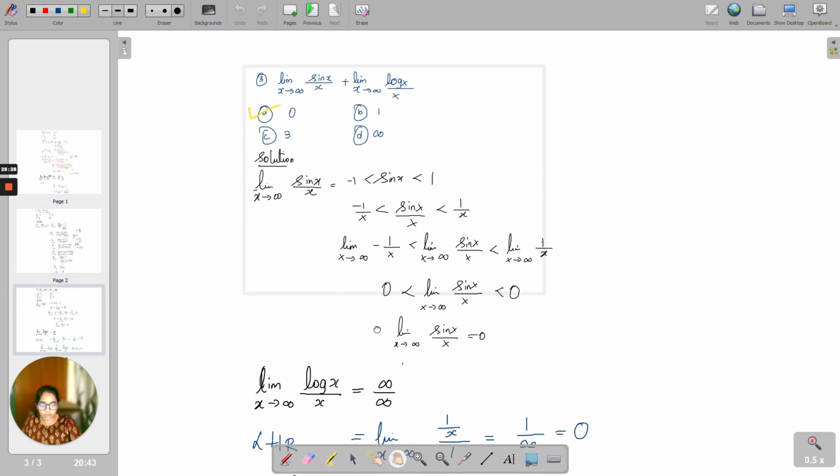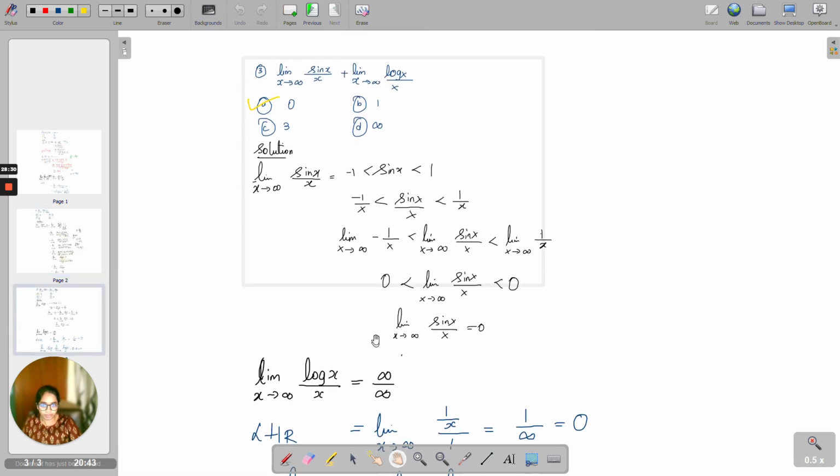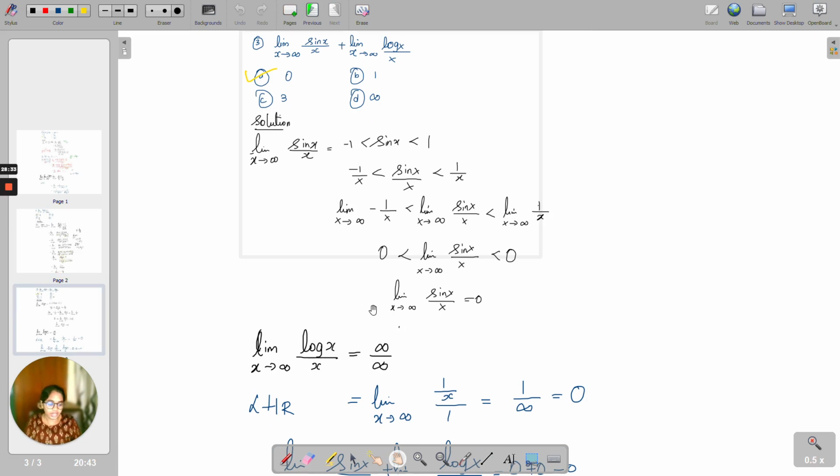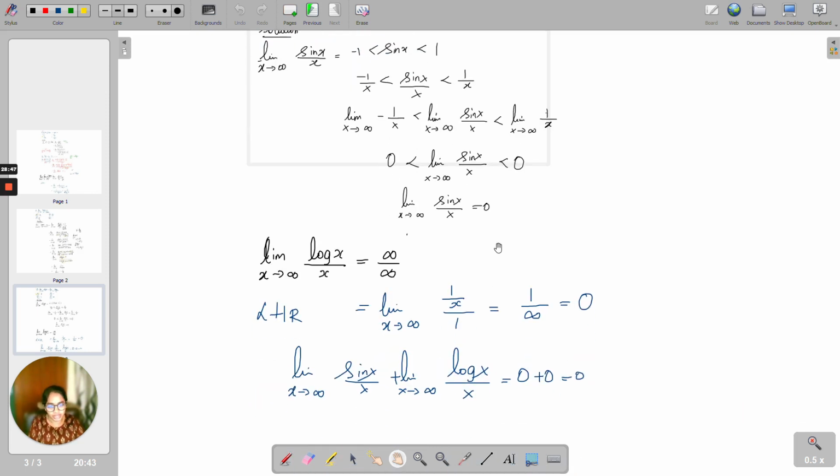What did we do in our last problem? The given limit is x tending to infinity. As we know, sin infinity varies between minus 1 and 1, so we divided by x, applied the limits, and arrived at sin x divided by x as x tends to infinity being 0.